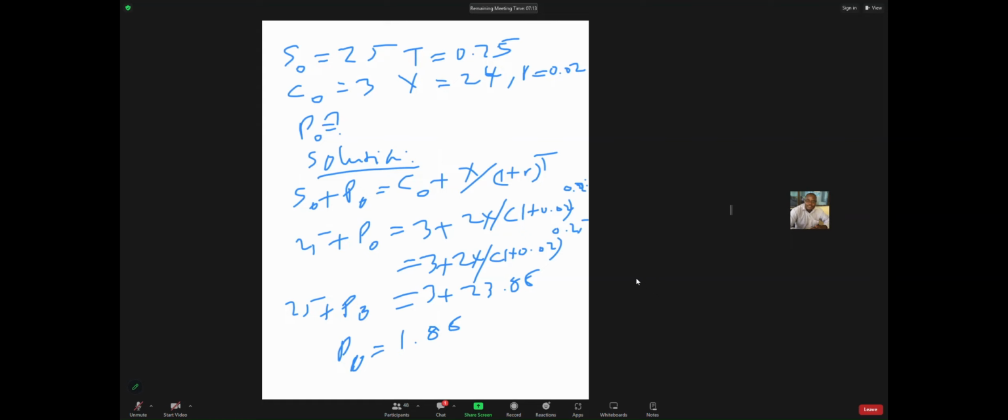You get 1.88. So what we are demonstrating here is that if you are given the call price and other data, you can find the unknown. The unknown, in this case, is the put.